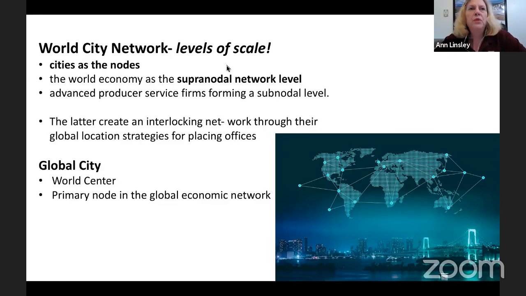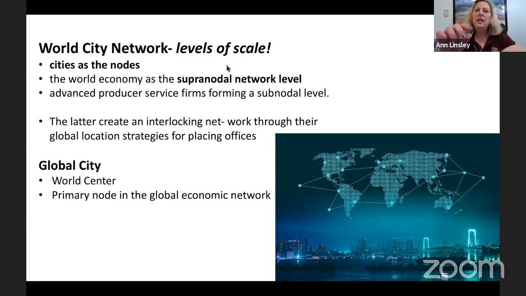Levels of scale. When we look at world cities, we can look at them at different levels of scale. So what we have to think of is that you have this world economy, and it's at the top level scale. We could call that a supranodal network. So it's connecting all of these cities together.